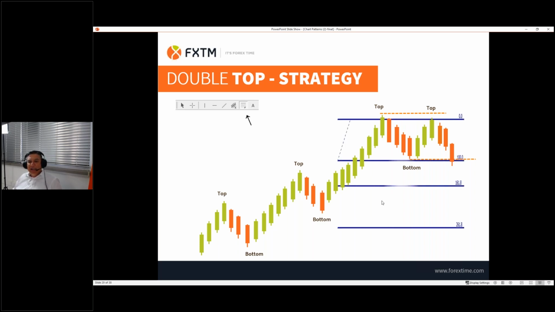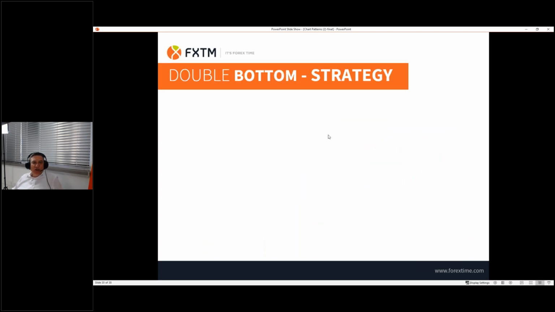If we do it correctly, we get 161.8, 261.8, and of course, one more level, 423.6, which is not shown on our slide right here. Then when the prices move to these potential profit levels, you can close part of your position.